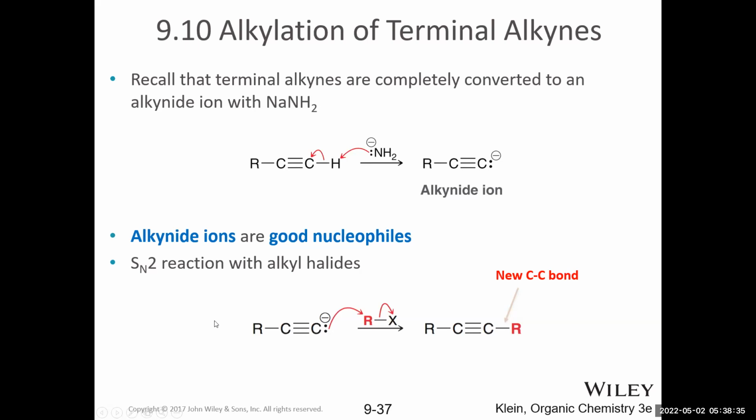So essentially what this is doing is it's acting as a nucleophile in an SN2 reaction. This is considered a strong nucleophile, and we can actually do SN2 reactions, and this will form a new carbon-carbon bond. Right? This is really important because this is the first reaction we are really learning to form a new carbon-carbon bond.